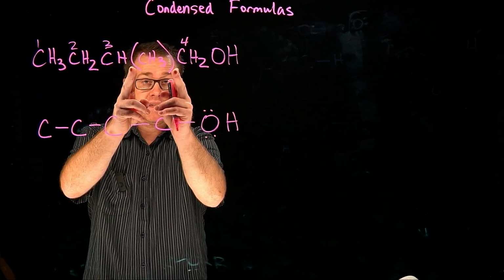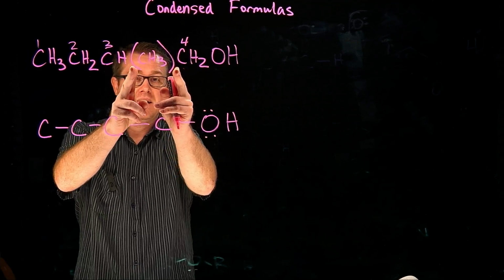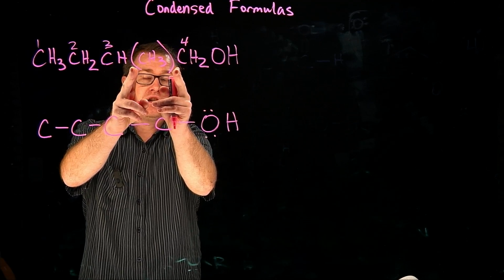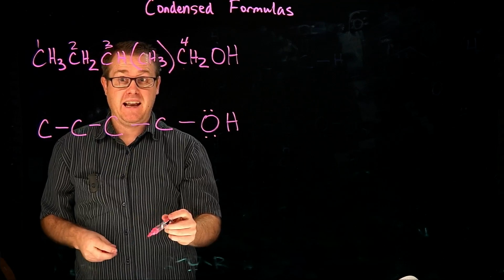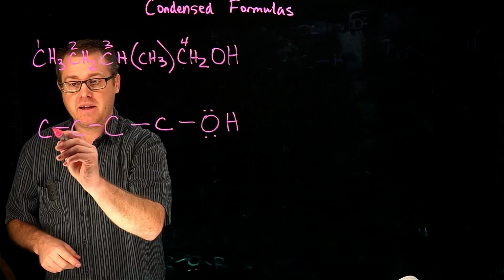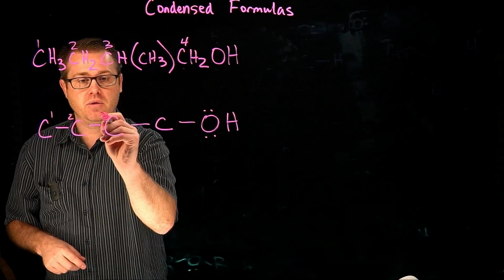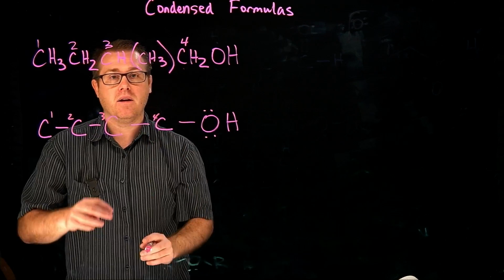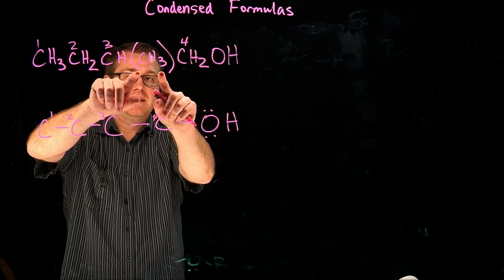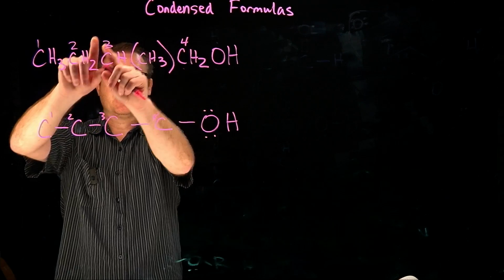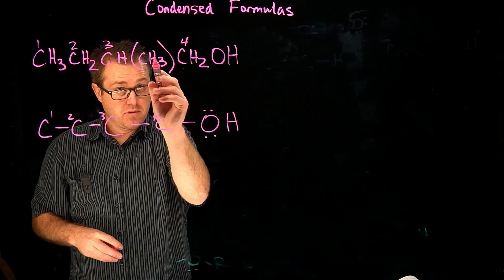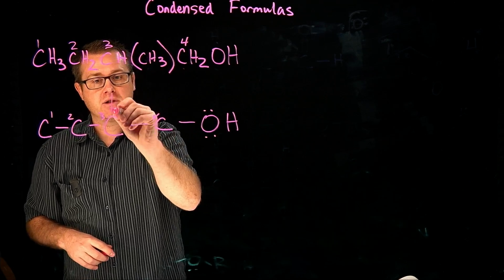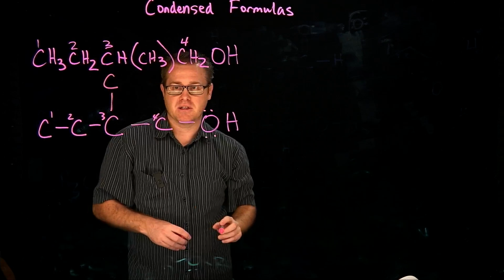Because the carbon in the parentheses is going to be attached to the carbon to its left, or preceding it. So if we number these carbons 1, 2, 3, 4, that parentheses is going to be attached to carbon 3. And so we would take that methyl group and say, okay, that carbon is going to be attached to carbon 3, just like that.